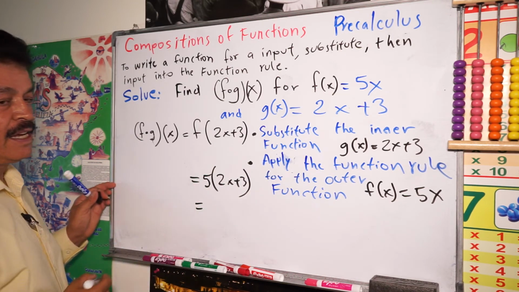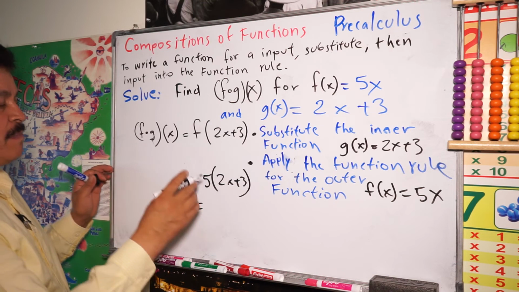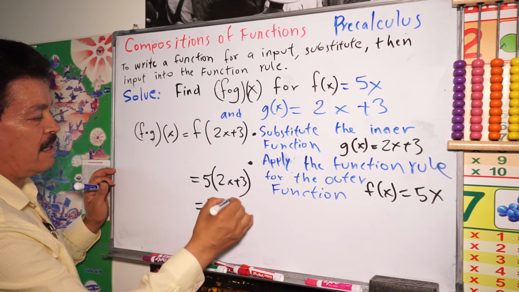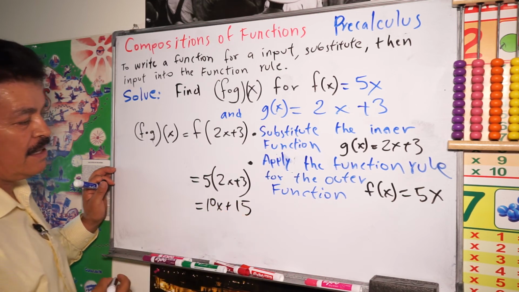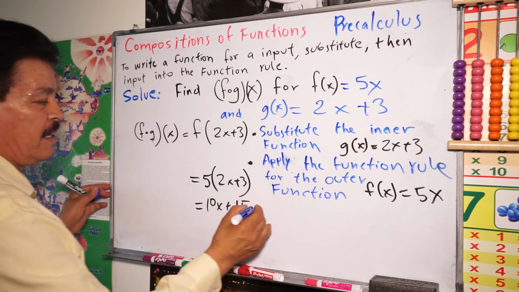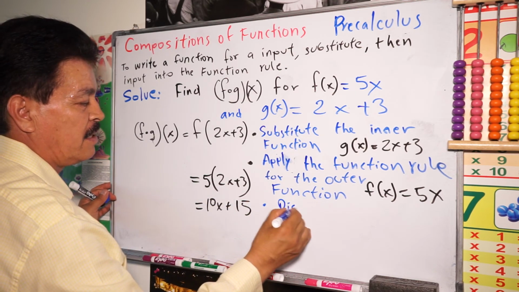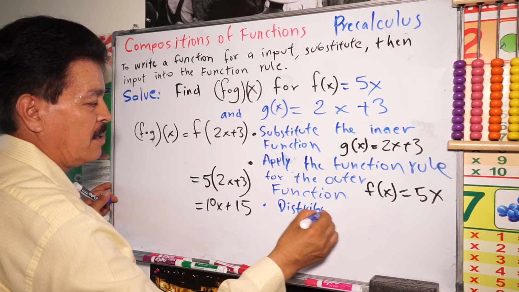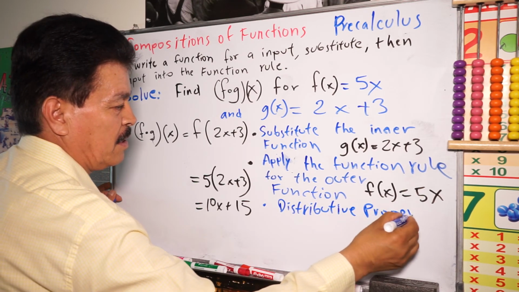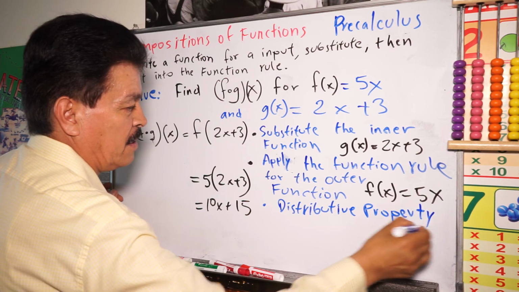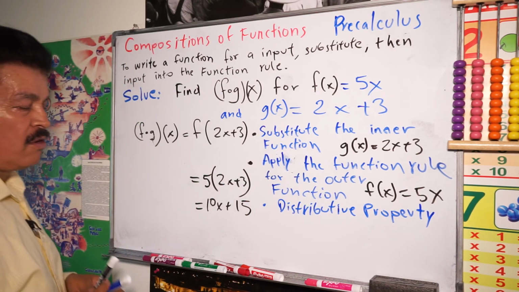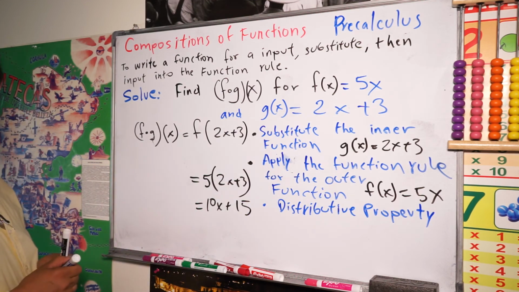You have to multiply. It's going to be 10x plus 15. What happened here? Just apply the distributive property here. So you have the answer ready.